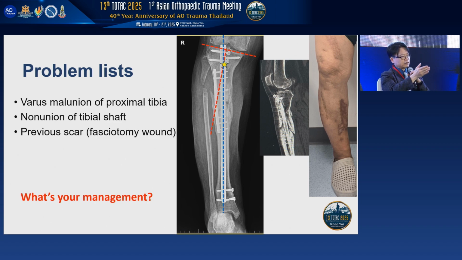So now the CORA is very high. If there is no infection, I would have two plans. Plan A, I make the high tibial osteotomy, acute correction for that part, and then I plate the non-union side and add a lot of bone graft inside, so that I can correct everything at one time.